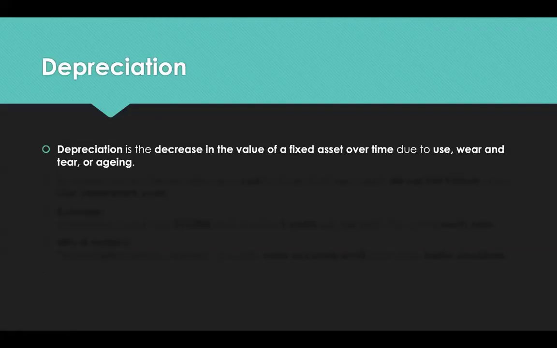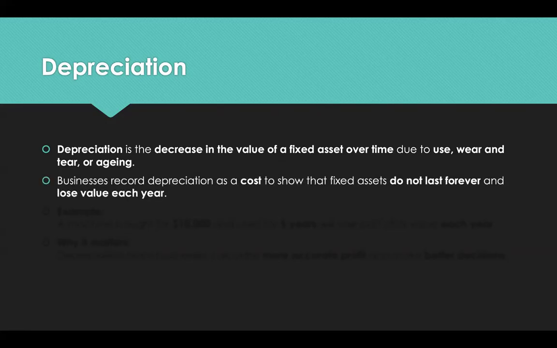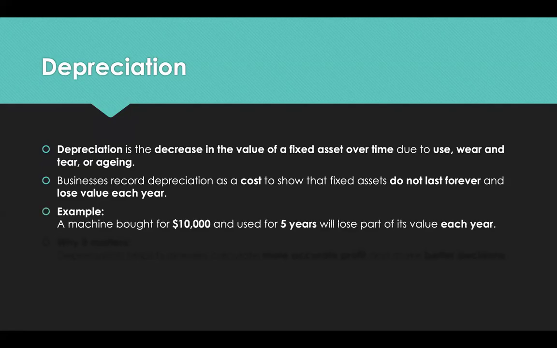Depreciation refers to the decrease in the value of a fixed asset over time. This decrease happens because of use, wear and tear, or aging. Examples of fixed assets include machinery, vehicles, and equipment. Businesses record depreciation as a cost because fixed assets do not last forever and gradually lose value.